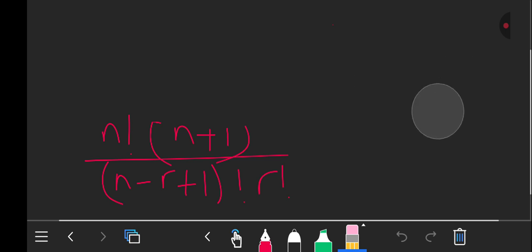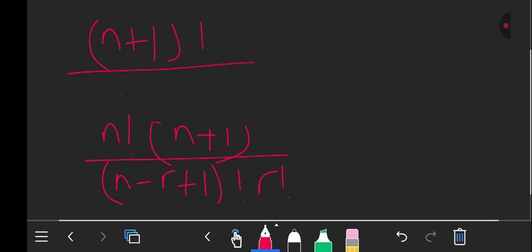So we apply the same thing here. So this is just n plus 1 factorial. Then on the denominator it will be n plus 1 minus r factorial r factorial.